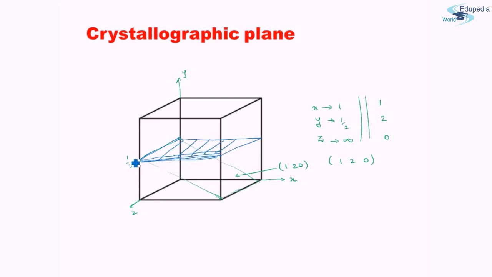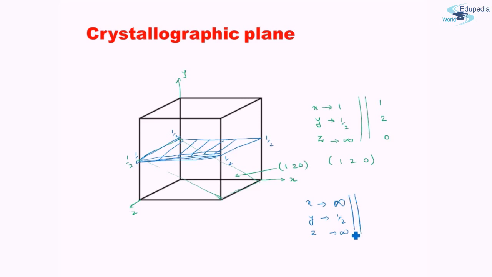It's cutting the y-axis at half everywhere, which means that it is parallel to the x-axis and parallel to the z-axis also, but it's cutting the y-axis at half. So x will be infinity since it is cutting the x-axis at infinity. Y will be equal to half, and z will again be infinity because it's not cutting anywhere, it will be cutting at infinity.